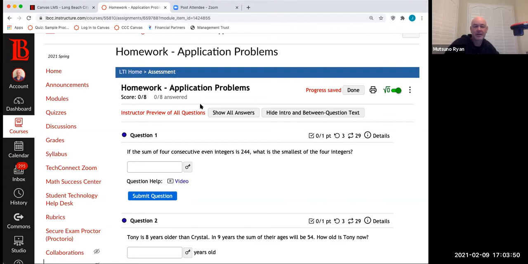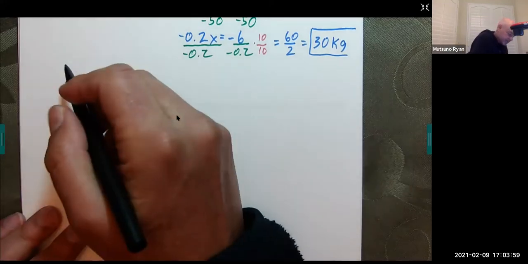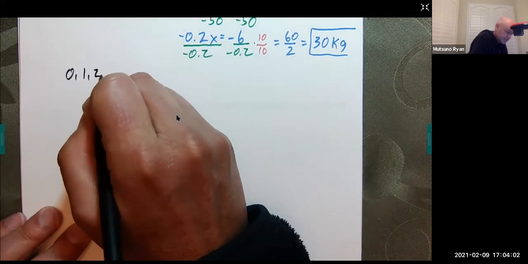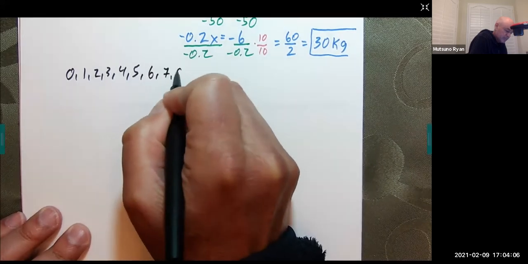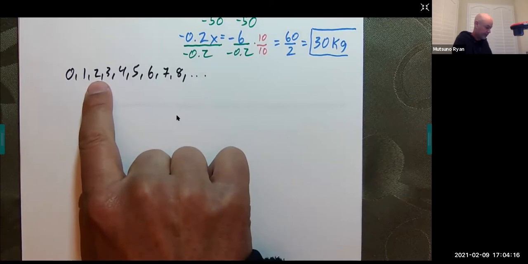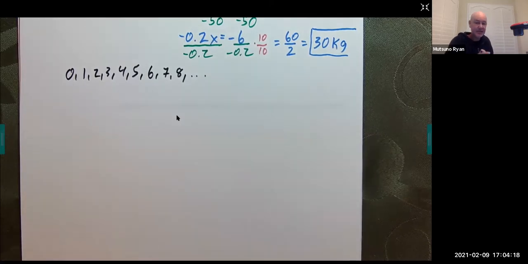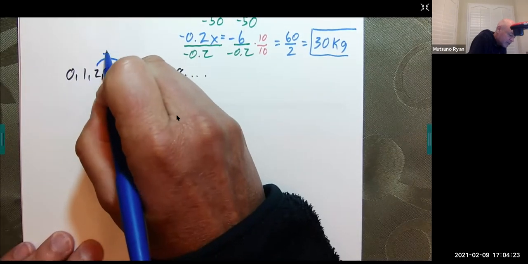Before we do that, let me switch over. Now, if I list out some numbers, and so on. If I want to start with any even integer, let's take 2, for example, you'll note to get to the next even integer, I have to add 2.